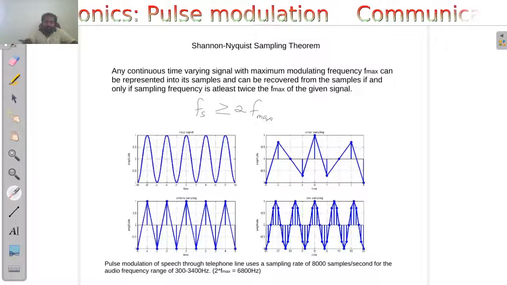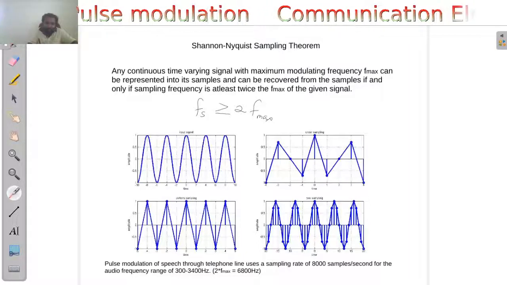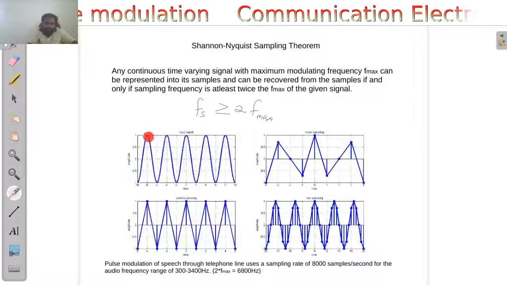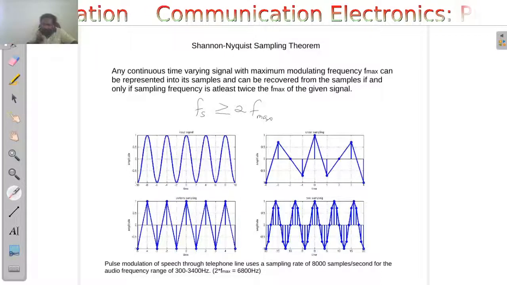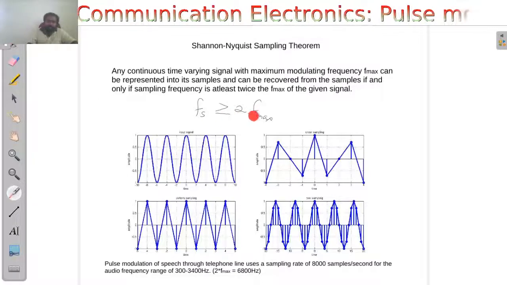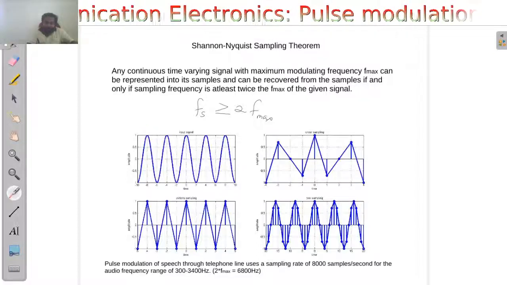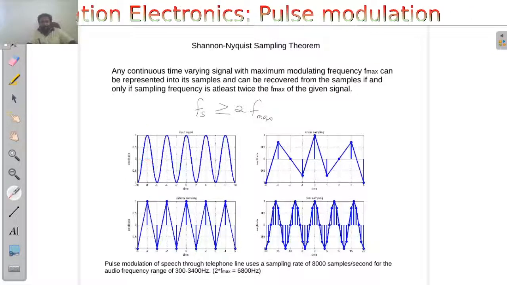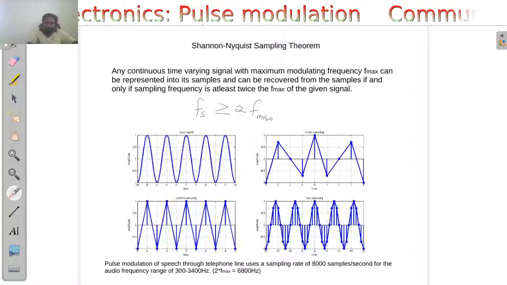Okay, let us increase the number of samples here. So in this case, I am going to take one sample at the peak, the other sample at the trough, which means there are 2 samples per cycle. That is the Fs equal to 2 Fmax condition. That is, sampling is done twice in a single cycle. So one sample here, the other sample here, one sample here, the other sample here, like that.